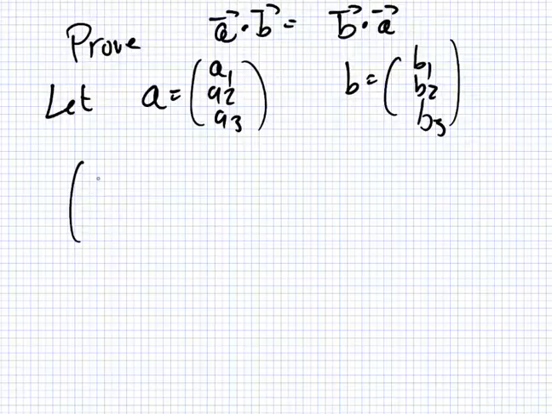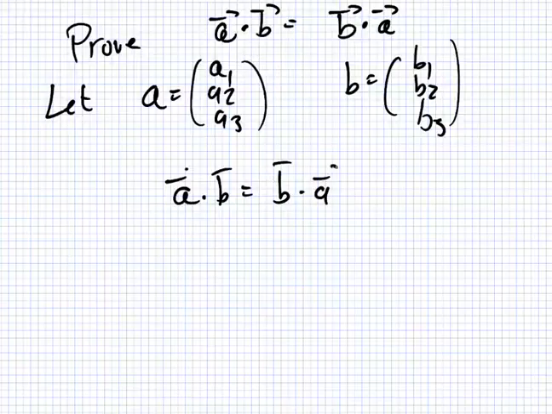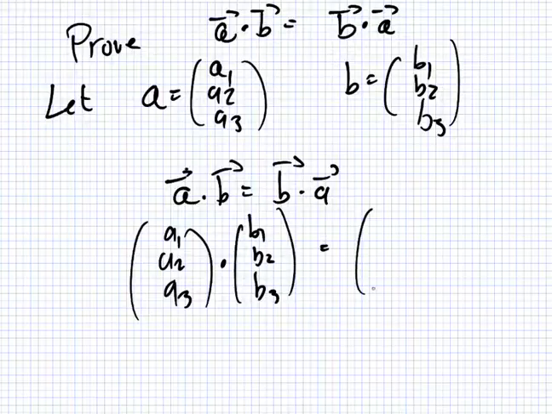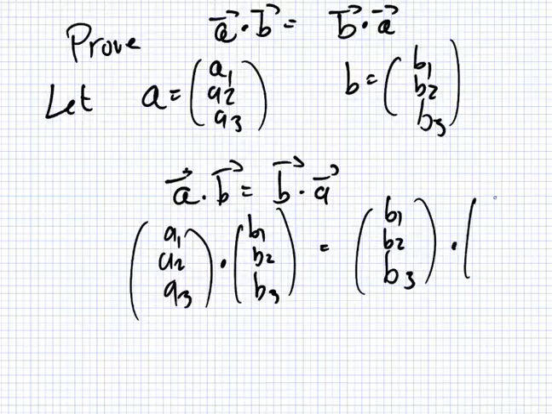So a dot b equals b dot a means you have (a1, a2, a3) dot (b1, b2, b3) equals (b1, b2, b3) dot (a1, a2, a3).